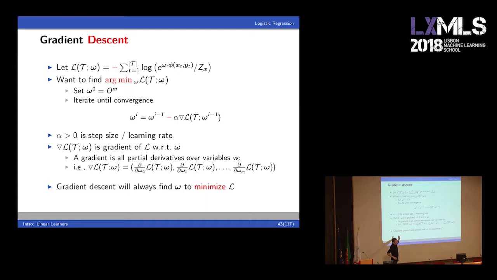And it has been shown in the convex optimization literature that if you have a convex loss function, then gradient ascent or gradient descent steps will give you the global maximum or the global minimum. And you can also show how fast you will arrive at it.